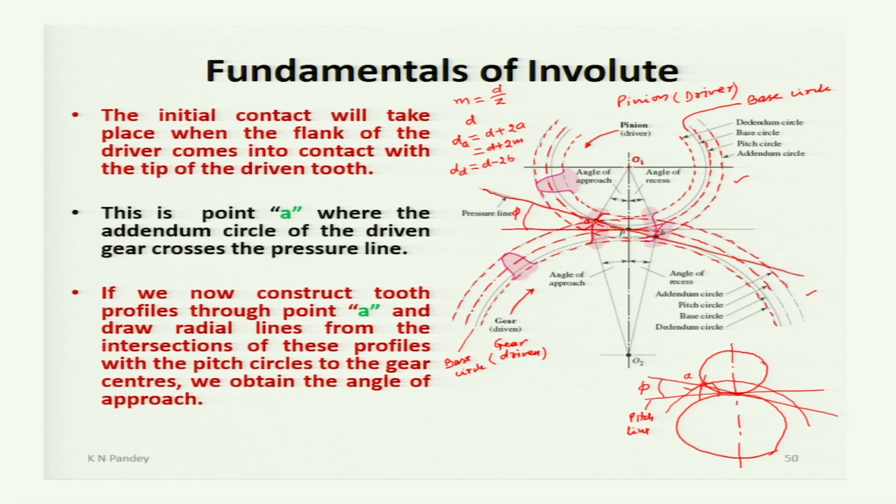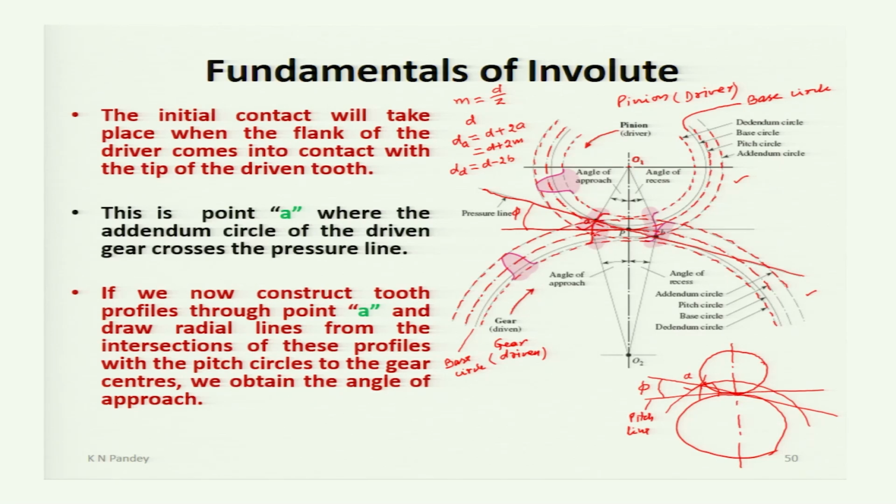Now, from small a point, profile of a gear tooth is drawn, and this profile is intersecting the pitch circle of the driven gear at this point.